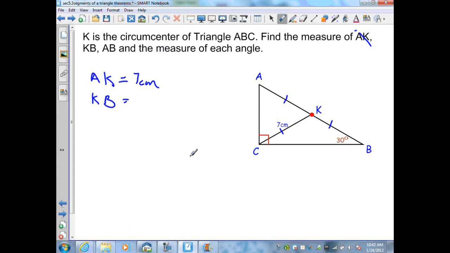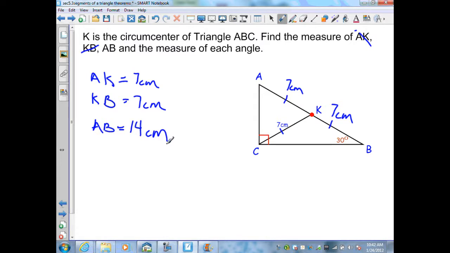Therefore, it is 7 centimeters. And AB is determined because I know that AK is 7 centimeters and KB is 7 centimeters. Therefore, AB must be the sum of those segments, which is 14 centimeters.